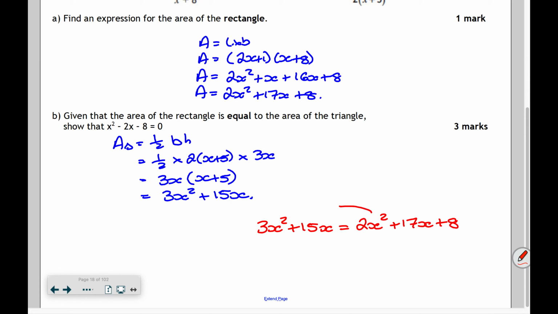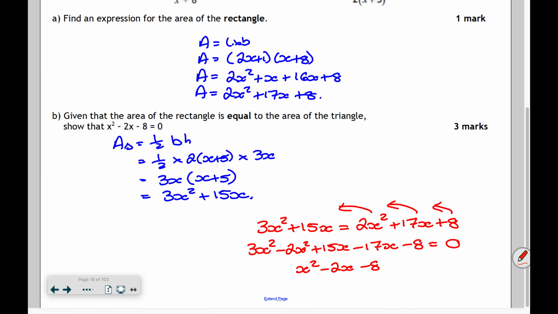So take everything across to the left hand side. So that's going to be 3x squared minus 2x squared plus 15x, take away 17x, take away 8 is equal to 0. Simplify, and therefore we get x squared minus 2x minus 8 equals 0 as required.